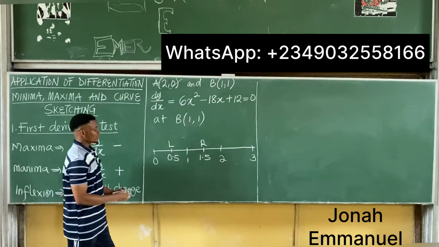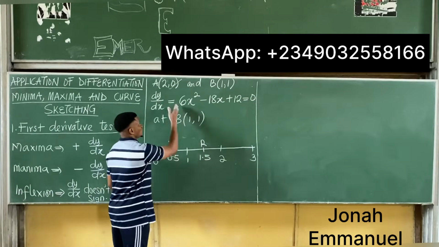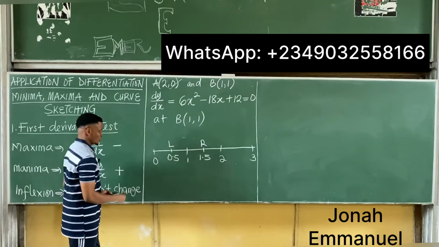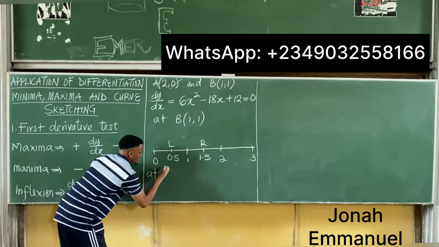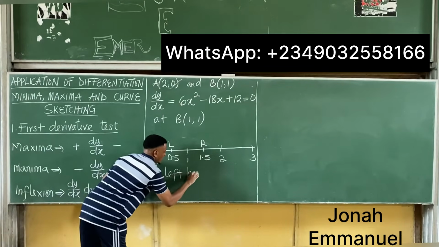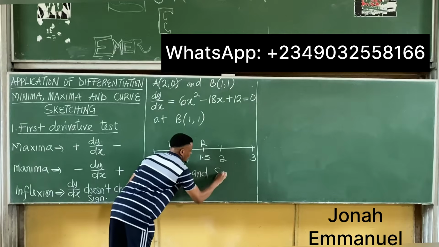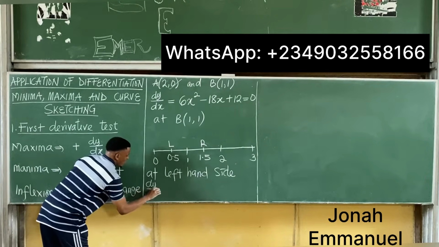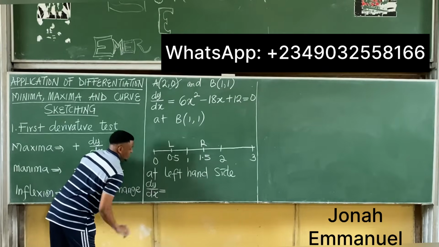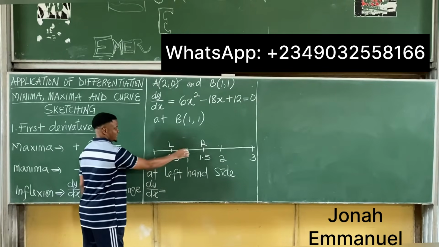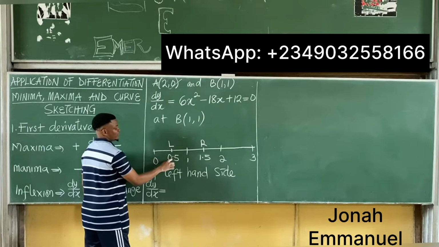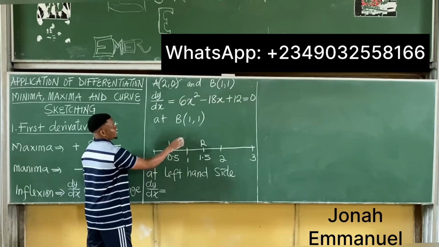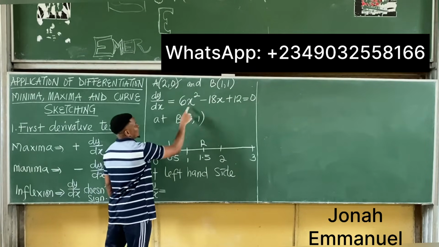All right, let's substitute this condition into the dy dx equation. At the left hand side, I have 0.5. I'll put 0.5 as x in the dy over dx equation.